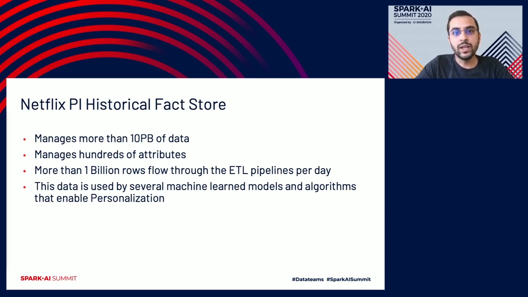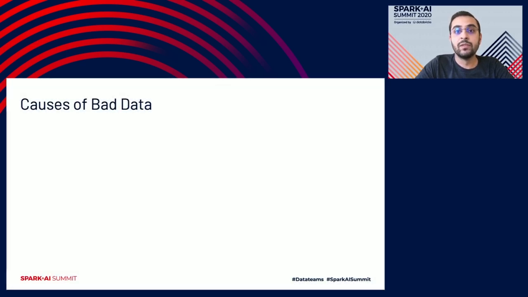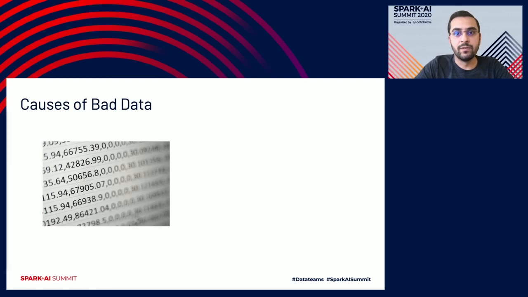So what can cause bad data to come into this fact store? We think there are two main reasons. The first is the data at source. This historical fact store is only taking a snapshot of the data. It's not the source of truth. The source of truth are the services like the thumb rating service. We talked about thumbs up or thumbs down to Ozark.